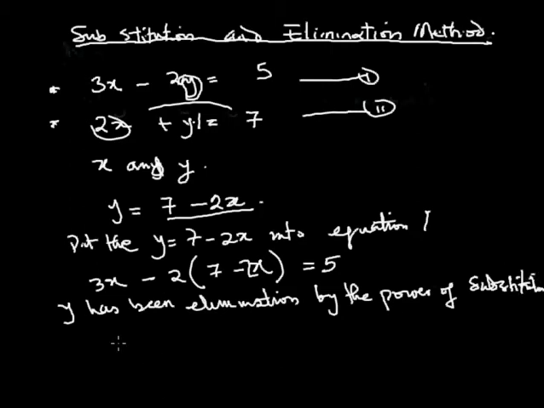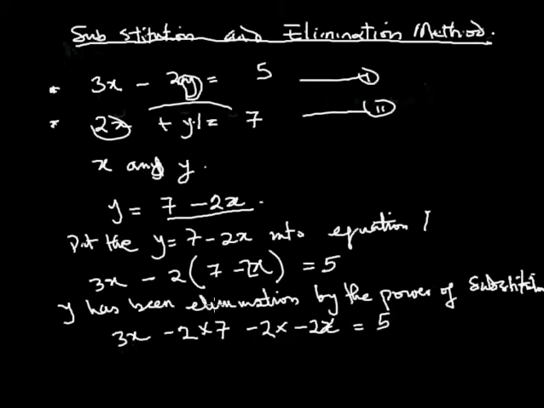So what we have is 3x minus 2 times 7 minus 2 times minus 2x is equal to 5.